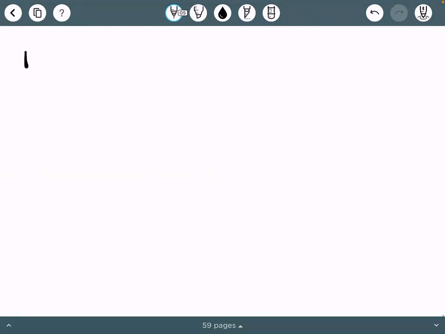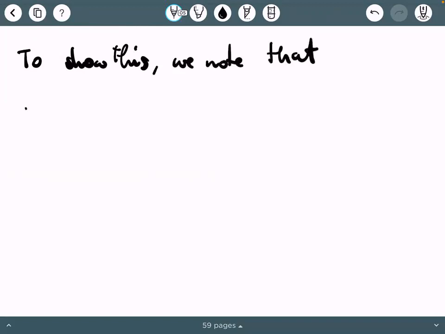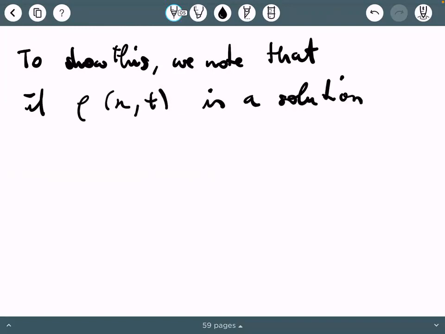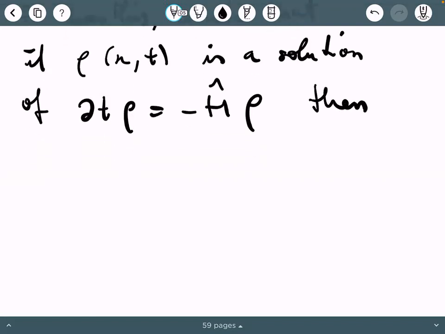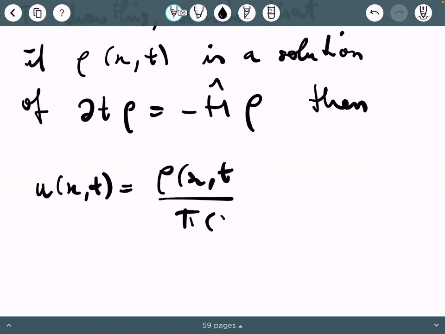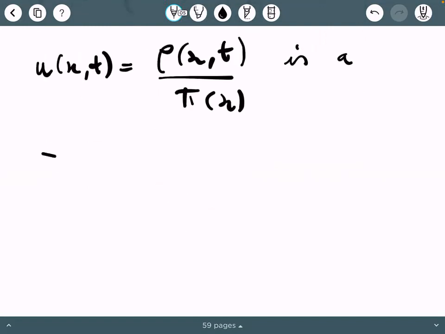Well, to show this, we note that if rho of x,t is a solution of the Fokker-Planck equation, then u of x,t, which is rho of x,t divided by Boltzmann, is a solution of the adjoint equation.